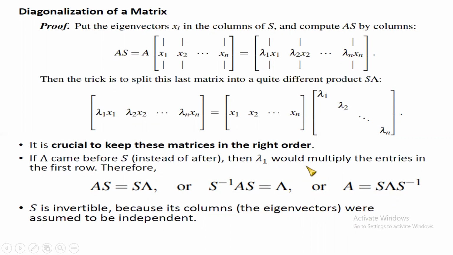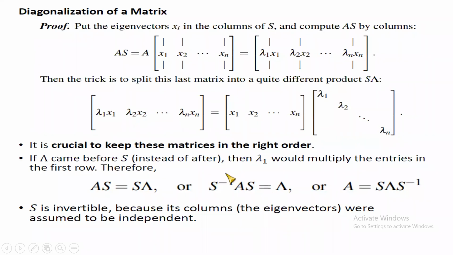Given A, you can find the eigenvalues, then you can find the eigenvectors, then you can form the eigenvector matrix.